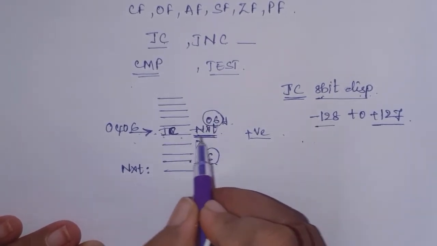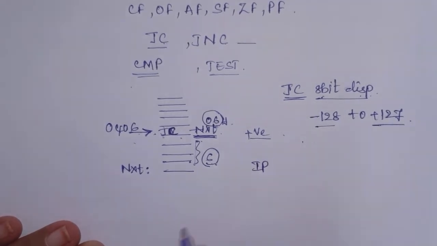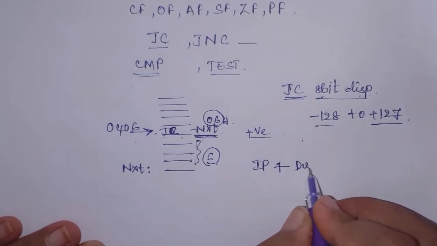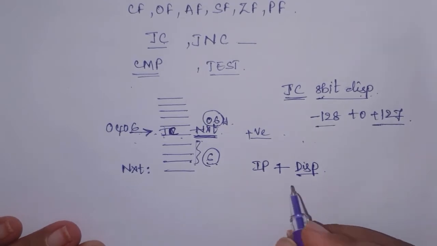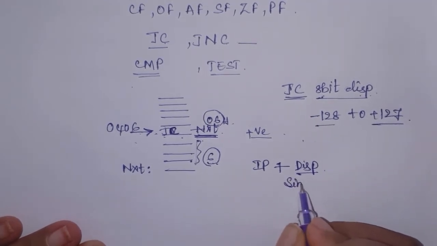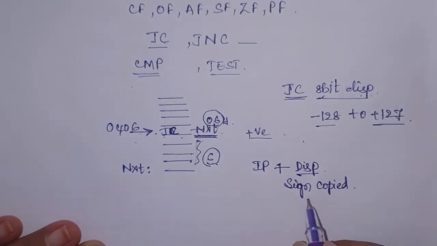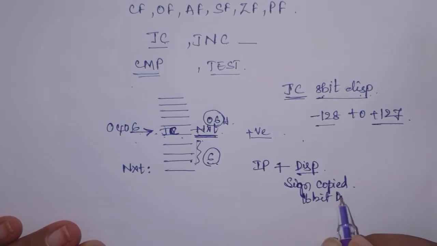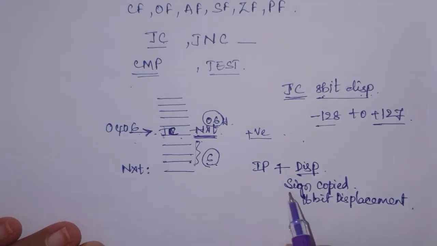So when this instruction is executed, what happens? The present IP contents will be added with the 8-bit displacement, which is sign-extended to a 16-bit displacement. Why is it like this?